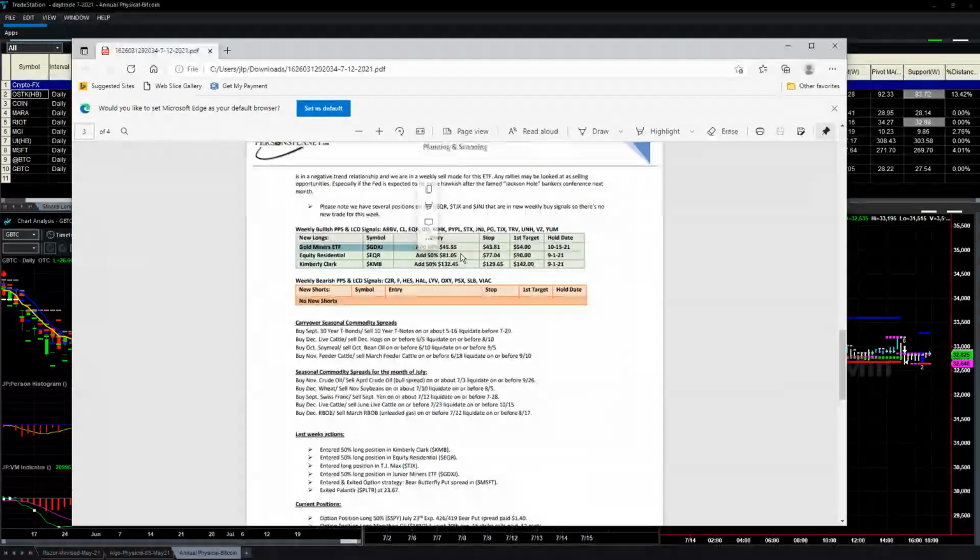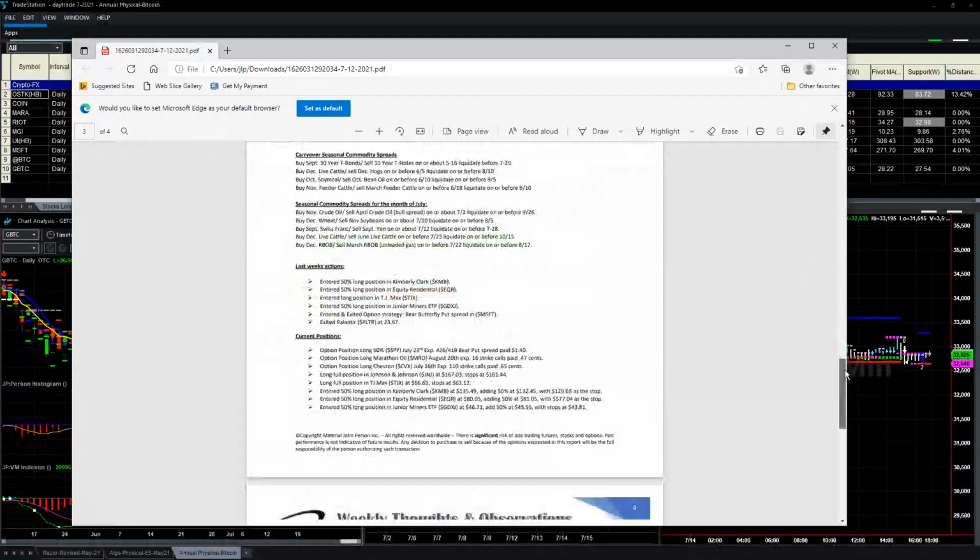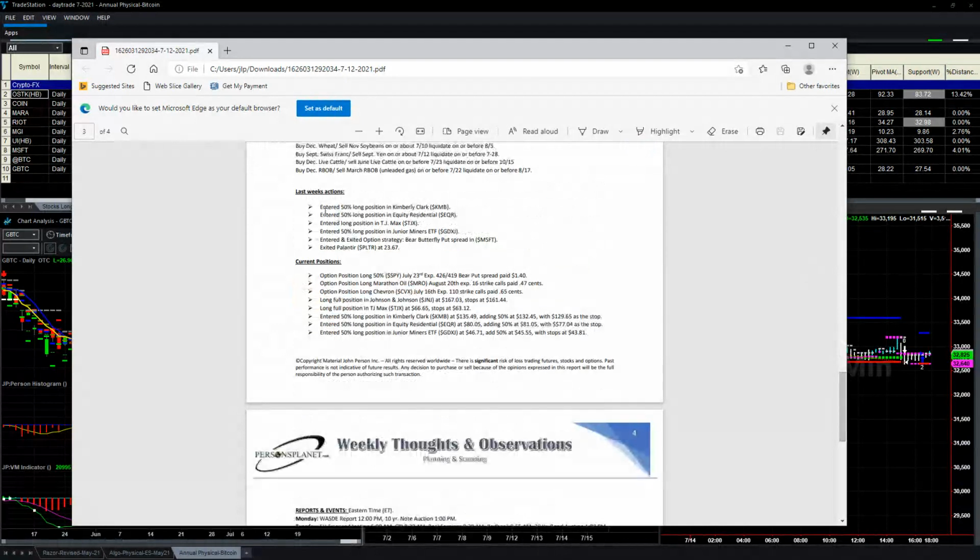So you would only buy 50 shares at one price and then add 50% on the other half. Here's where your entry is, there's where the stop loss is, there's my first target and my expected hold date. Gold miners might go a lot higher than 54, and it might be a lot sooner than October 15th. Bottom line, I put down what we did in the prior week.